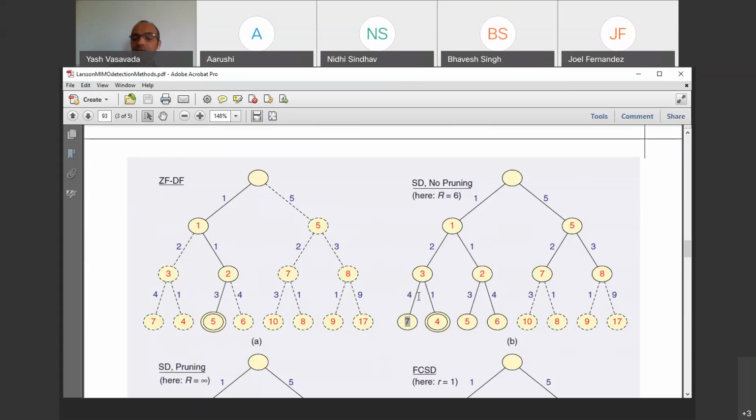For 7, it will not go because 7 will be greater than the radius r. Exactly. So it will go down the children of 4, 5, and 6, and it will not go down 7. Maybe what Arushi is saying is also possible, that the algorithm says that it has to be less than the radius. Then even 6 will be ruled out, so it will go down only 4 and 5.